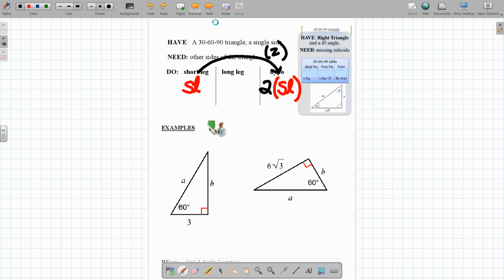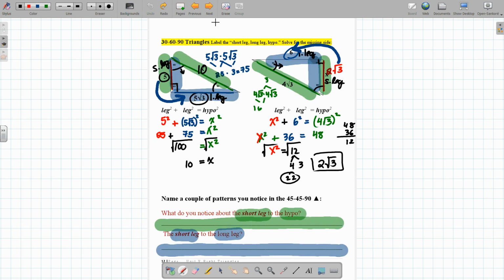You should have noticed that on this side here. 5 times 2 is 10. 2 root 3 times 2 is 4 root 3. That was one pattern. Short leg to the hypo is times by 2.